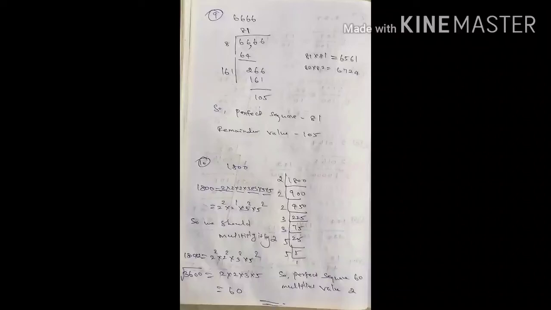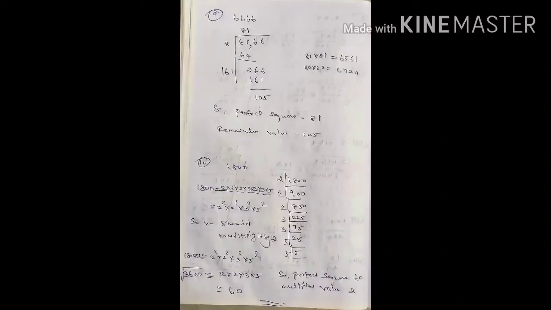So I write only 2 1 2 3 2 is coming. So 2 multiply 2 multiply 2, 3 multiply 3, 5 multiply 5. So 2 power 2 multiply 2 power 1 multiply 3 power 2 multiply 5 power 2. Here everyone is coming with power 2, but in 2 only a single number is coming.